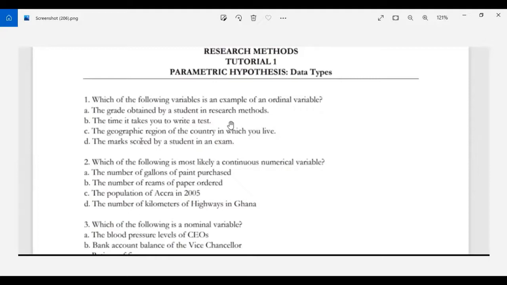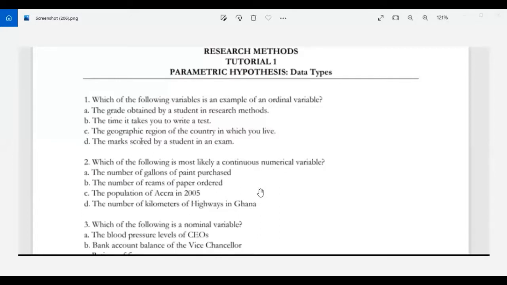Okay, question 3. Which of the following is a nominal variable? Cannot be ordered. Yes.